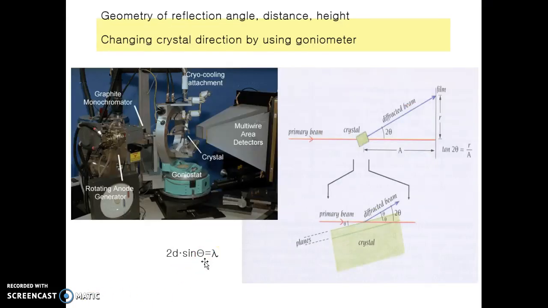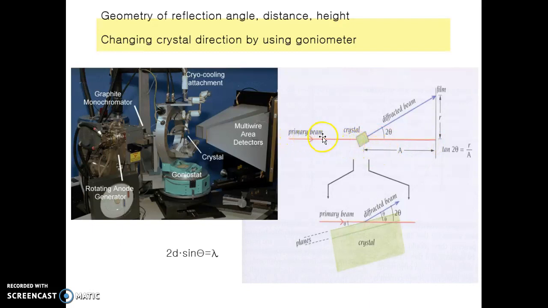And by using Bragg's law, we could obtain d values, the distance between two adjacent lines, because the two other parameters could be determined. First, theta could be obtained by the geometry of the experiment.